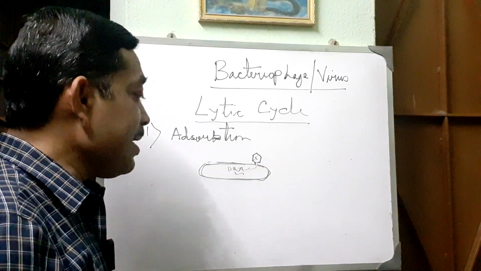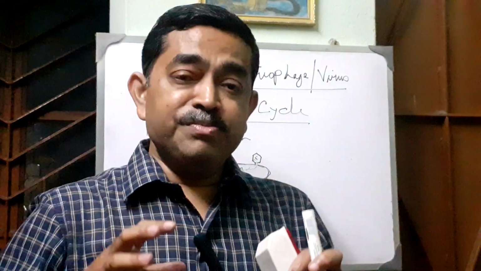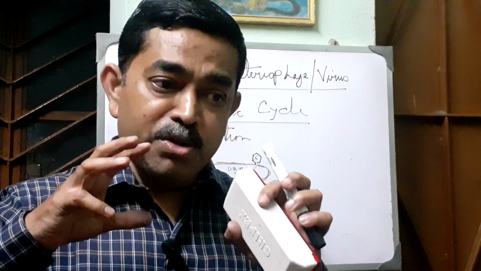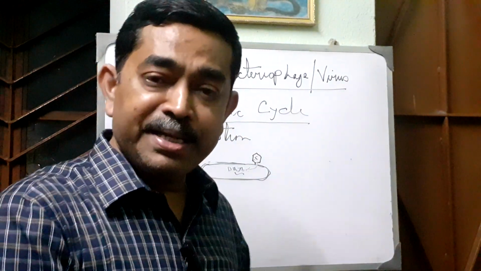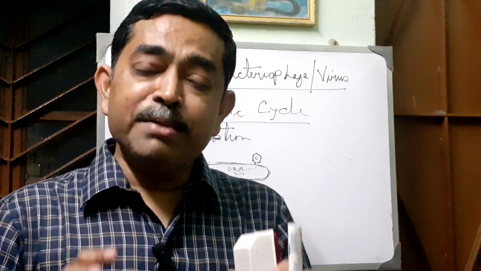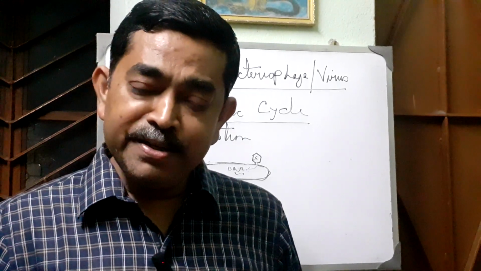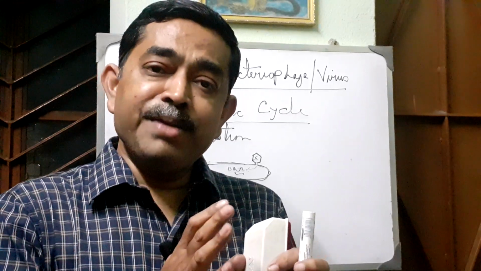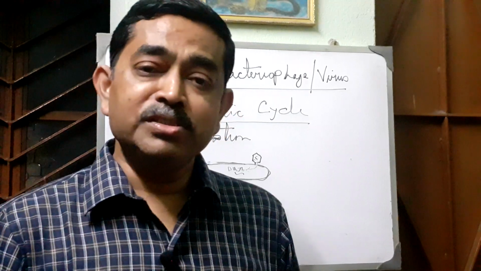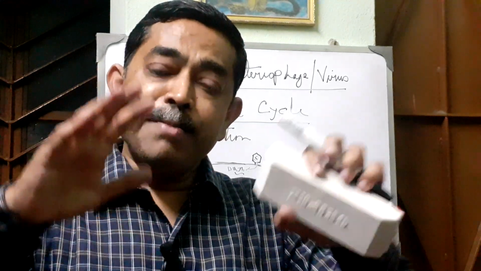When the penetration of the phage DNA happens in the bacterial cell, the bacterial metabolic activity will be ceased by the bacteriophage, and the bacteriophage will take control over the bacterial cell.